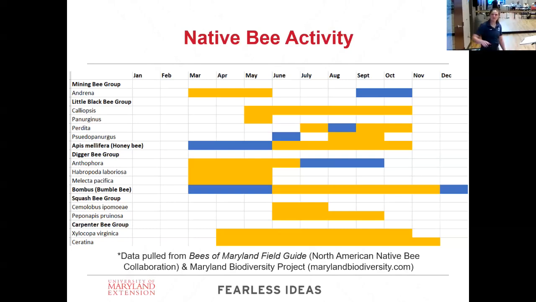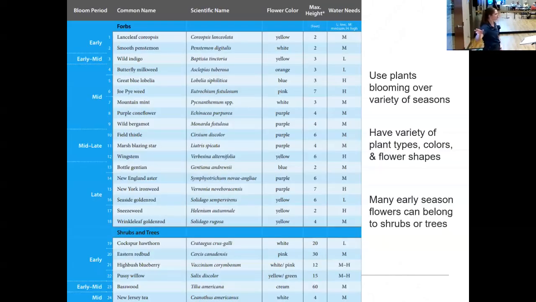Again, this is a Xerces Society chart, but when I went to look it up this morning, I could not find it. So I don't know if they've pulled this information now or this is an old publication. But same thing, this information is listed based on when things are in bloom. So it gives you a progression of when things are going to be in bloom. And this is specifically for the Mid-Atlantic.